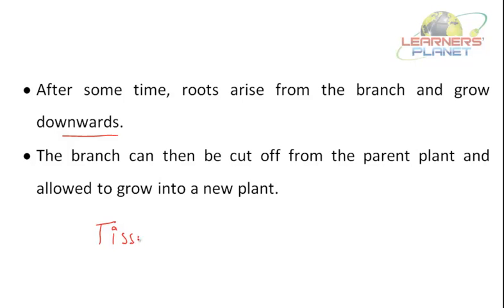This is called tissue culture technology. Right? So many such plants which are usually disease free are used to produce into new plants by tissue culture technology. So this is also one of the artificial methods of vegetative reproduction.